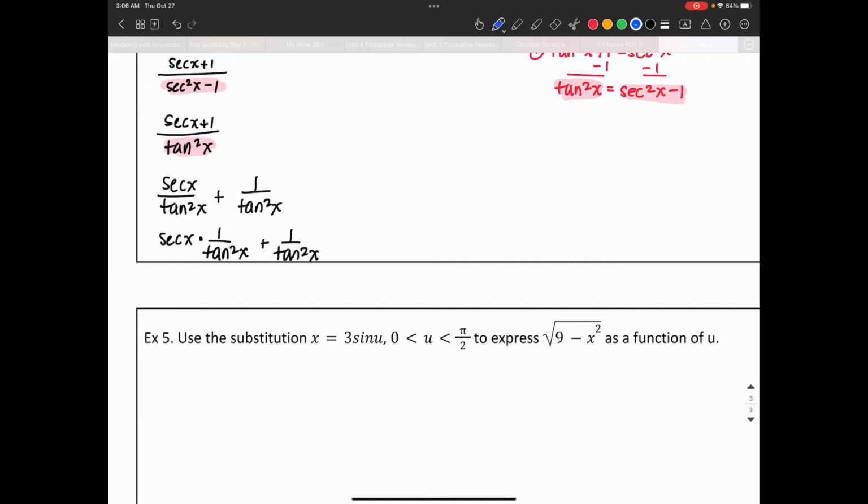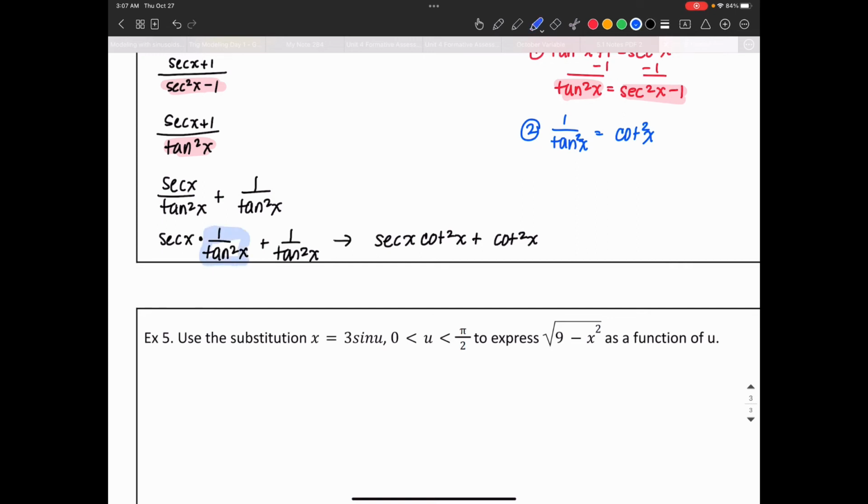And then off to the side, I'm going to use the trig identity. I know 1 over tangent of x is equal to cotangent of x. And I can say, okay, 1 over tangent squared of x is equal to cotangent squared of x. So I can rewrite this as secant of x times cotangent squared of x plus cotangent squared of x.